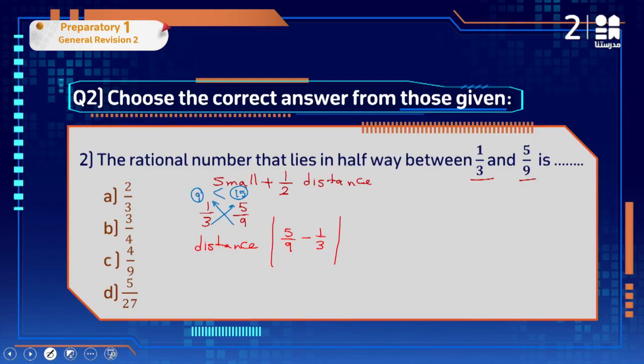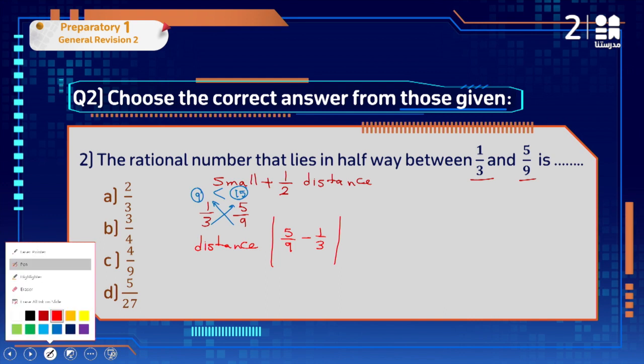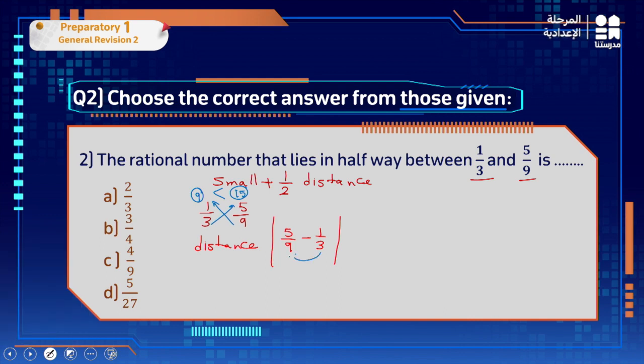Do we have the same denominator, 3 and 9? Of course not. Can we convert one to the other? Yes, by multiplying 3 by 3 up and down. So it will be 5/9 minus 3/9, which is 2/9.